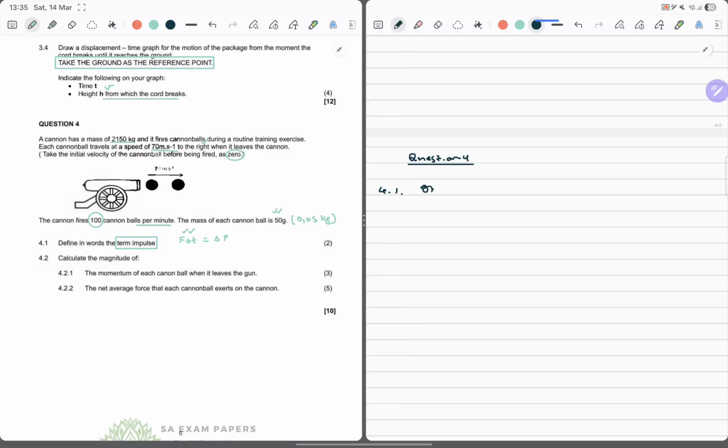So we can say it is the product of force and its time duration of action. Right, because remember, this is going to happen for as long as there is contact between two objects. That's the impulse, and once that is over, the impulse is over too. All right, folks, so that is essentially a very simple one. It's a product of force and its time duration of action on an object, if you want.